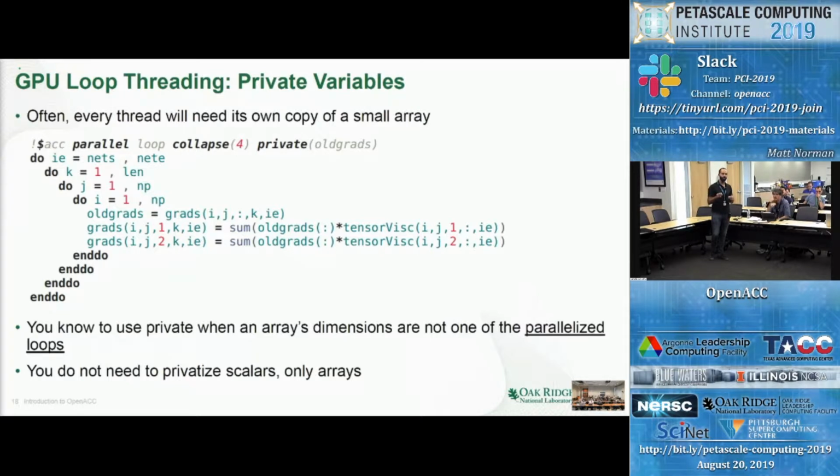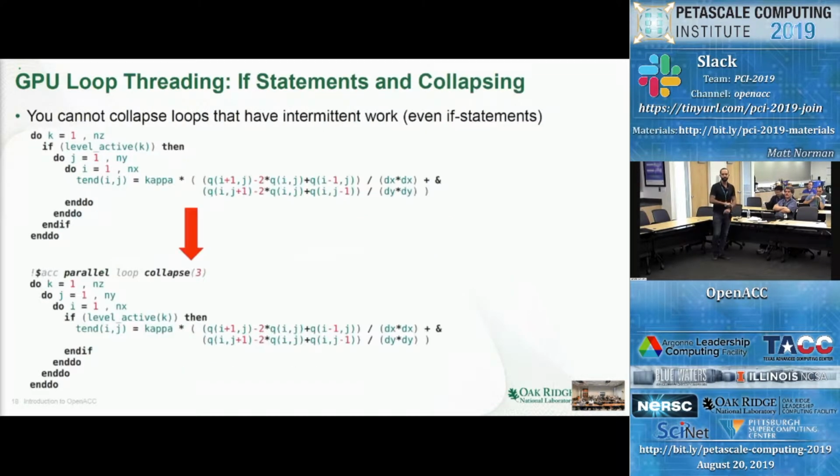I believe in OpenMP CPU targets, which is traditional OpenMP 3.x, you have to specify the private clause for scalar variables for which every thread needs a copy. However, in OpenACC, it automatically gives a separate copy of every scalar to every GPU thread. It assumes that you need to do that. So you only need to add the private clause for small arrays, not for scalars.